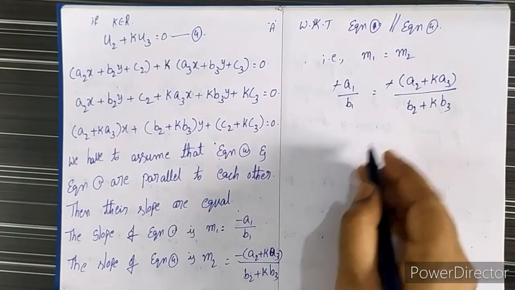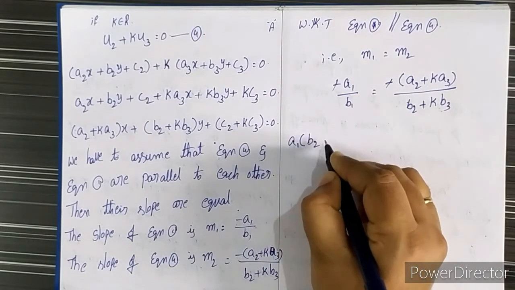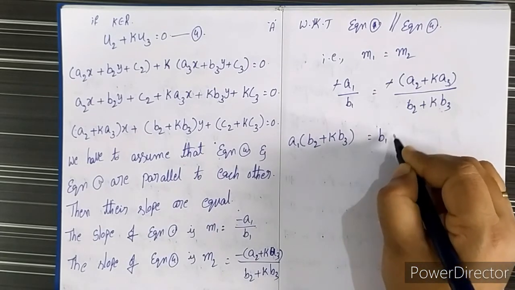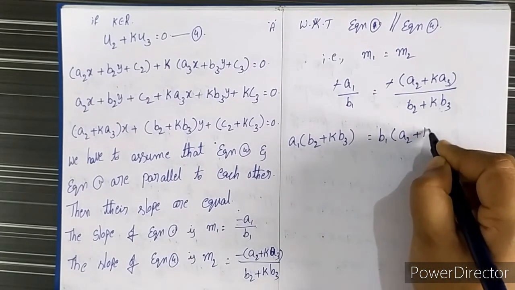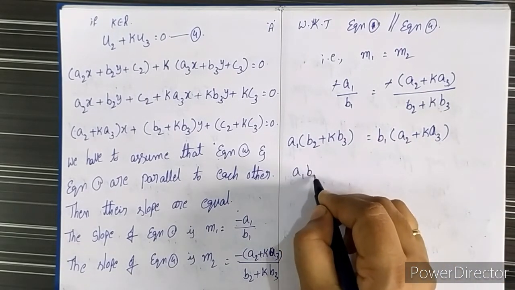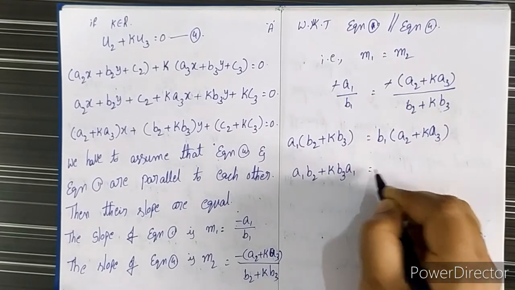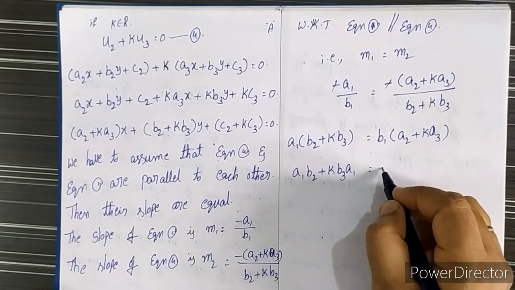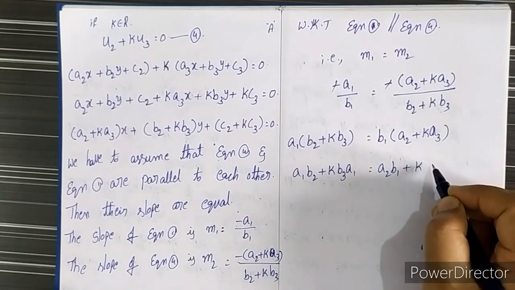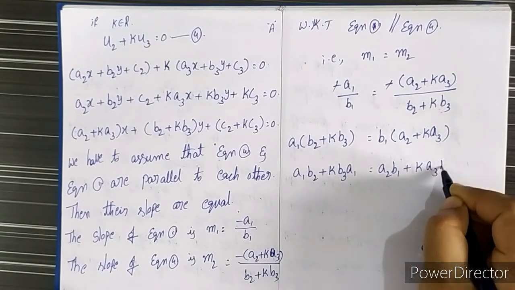Here the minus signs get cancelled. After cross multiplication, a1 into (b2 plus k b3) is equal to b1 into (a2 plus k a3). That is, a1 b2 plus k a1 b3 equals a2 b1 plus k a3 b1.